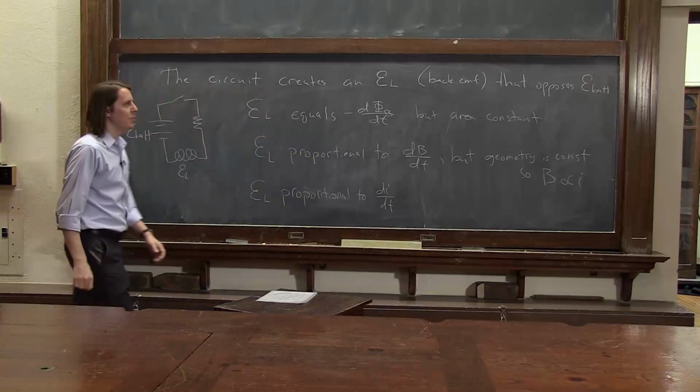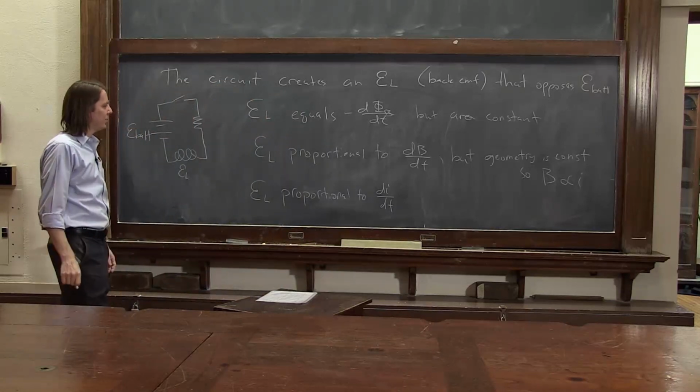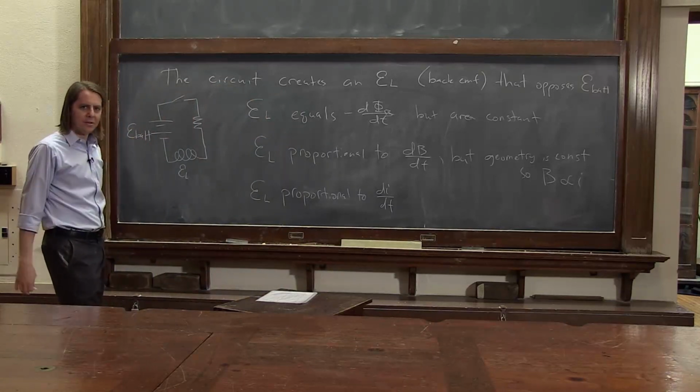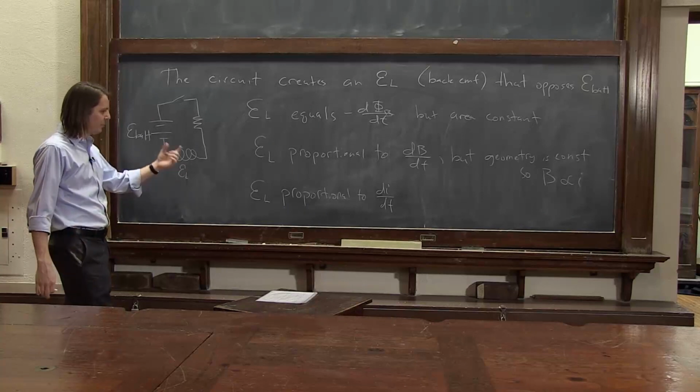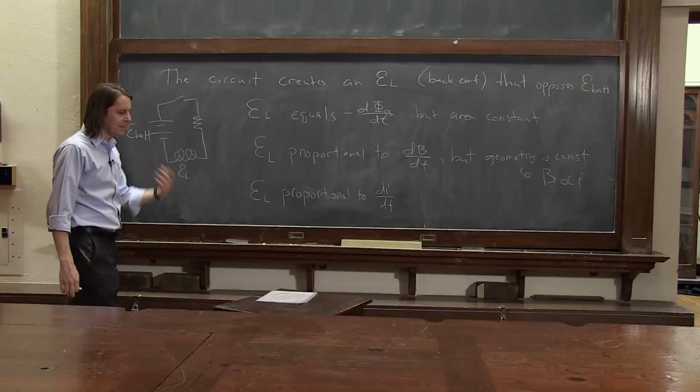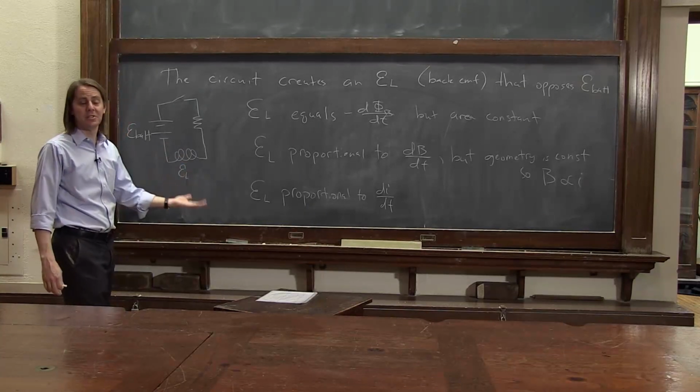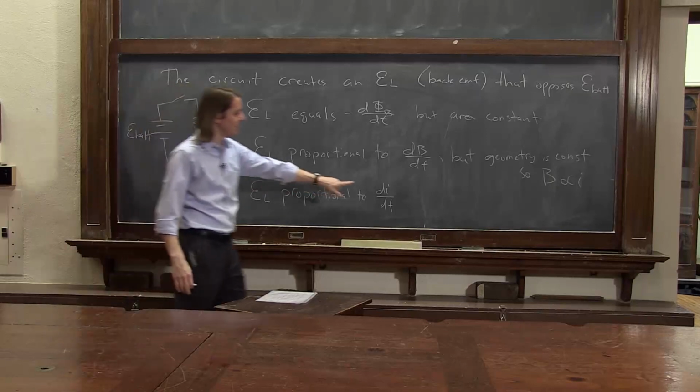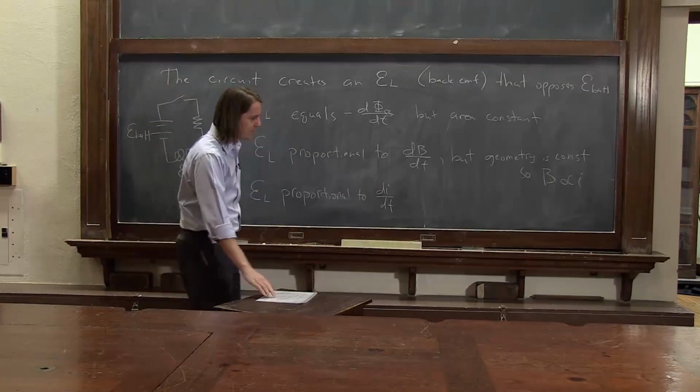Okay? When we apply Faraday's law to a circuit, we throw out all the details. We just say this EMF is proportional to di/dt, and di/dt is something we care about, right? That's the change in the current. Now we're talking about something that you analyze when you think about currents.